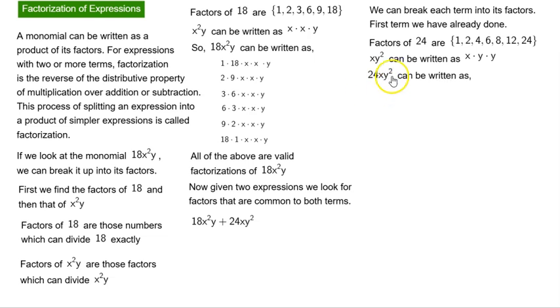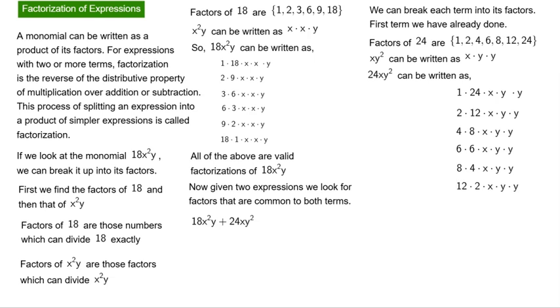So 24xy square can be written as 1 times 24 xyy, 2 times 12 xyy, 4 times 8 xyy, 6 times 6 xyy, 8 times 4 xyy, 12 times 2 xyy, and finally 24 times 1 xyy.